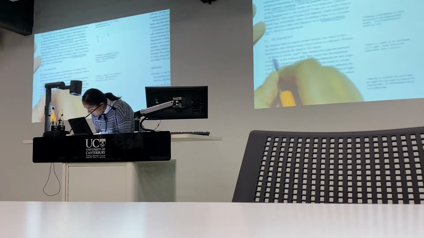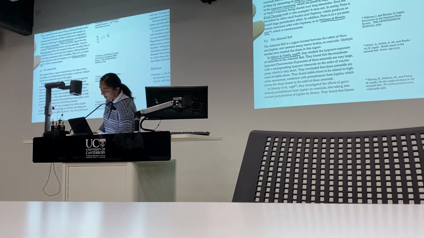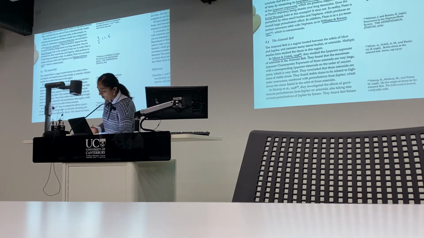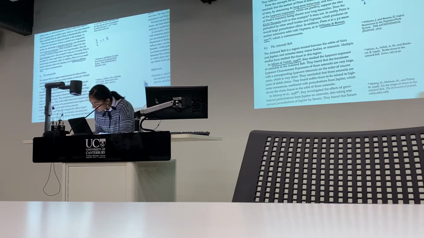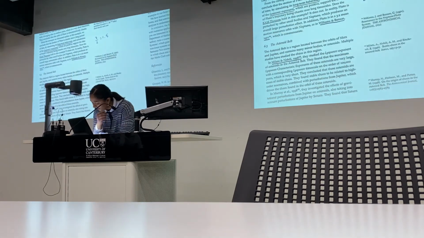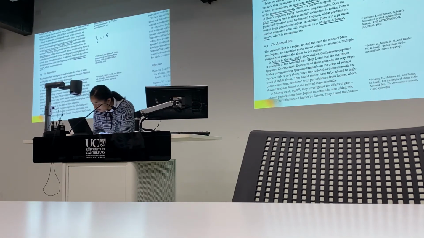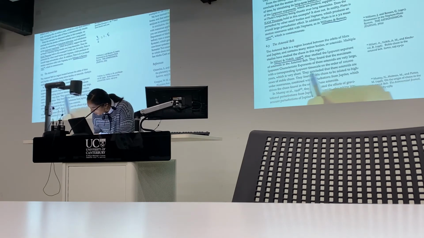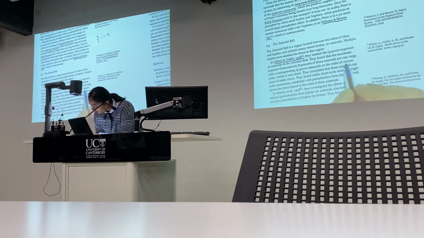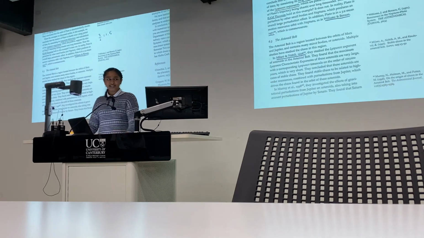In this paper, Milani and Nobili, 1996, they studied the Lyapunov exponent of asteroids in the asteroid belt. They found that the maximum Lyapunov exponent of these asteroids is actually very large. They're all positive, by the way, with a corresponding Lyapunov timescale on the order of 100,000 years, which is very short.